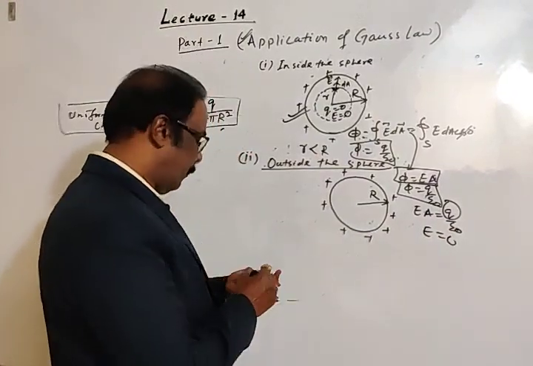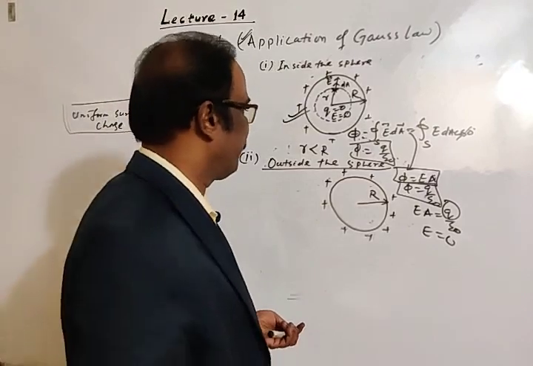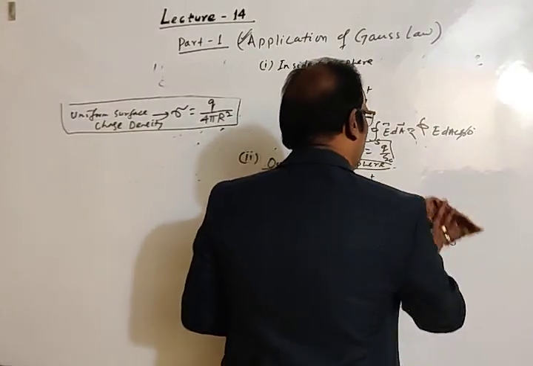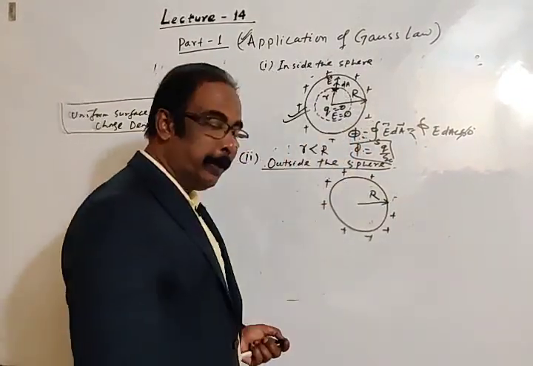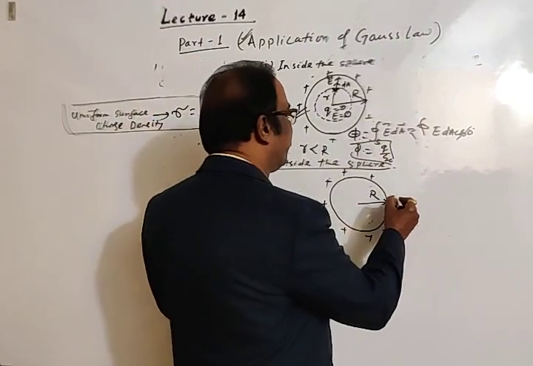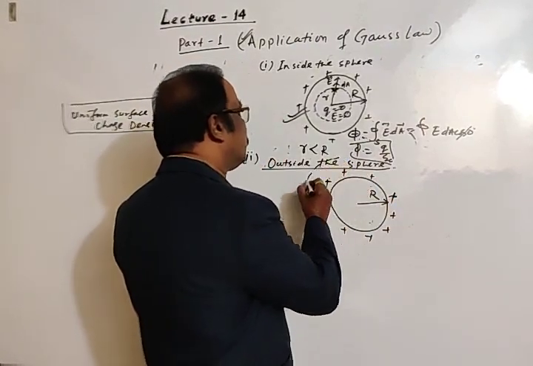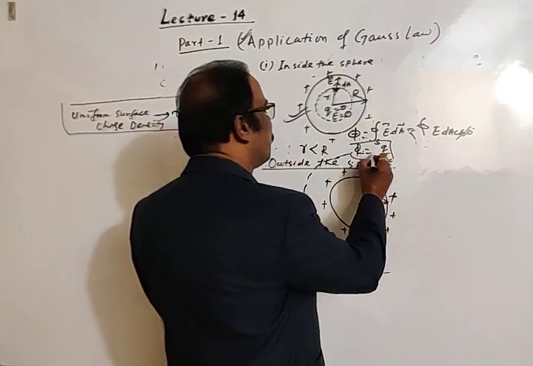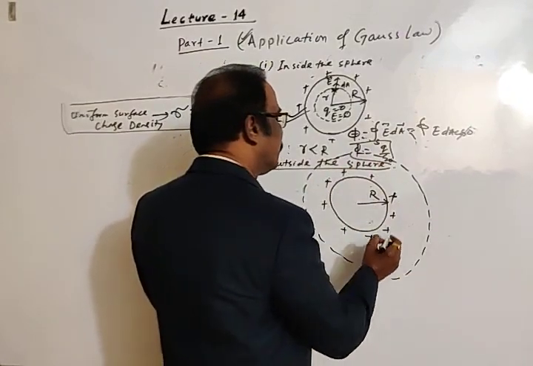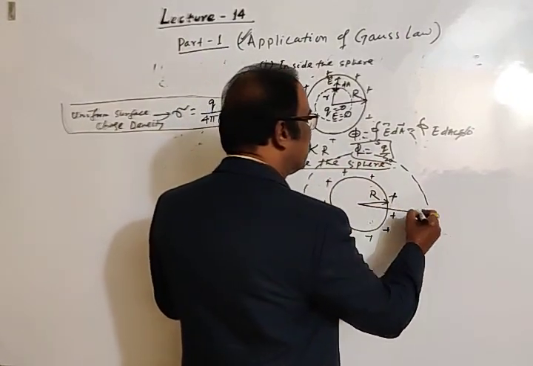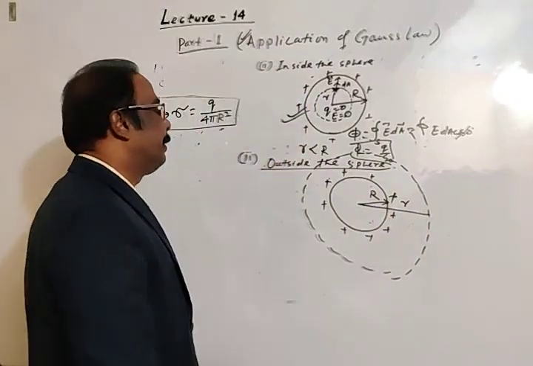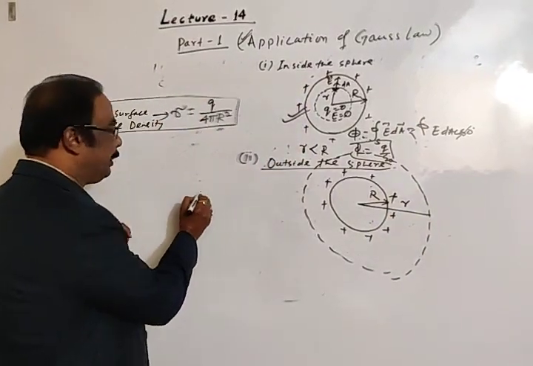Okay. Now, outside the sphere. This is the given sphere on which charge is distributed. Our first step is to imagine a Gaussian surface outside the sphere. This is the imaginary Gaussian surface, and this is distance r. I am drawing it here.